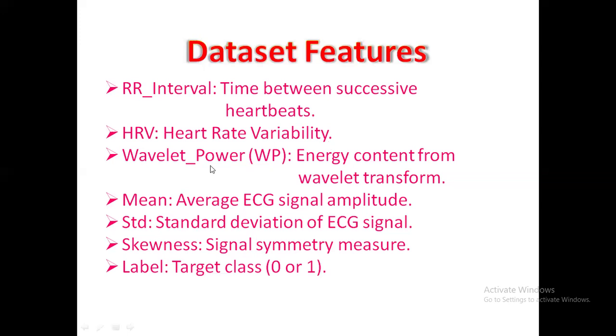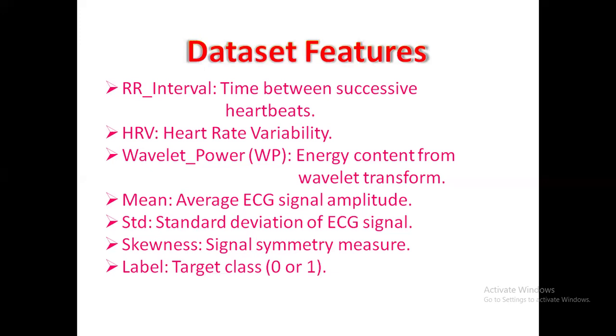And the third feature is wavelet power, WP, energy content from wavelet transform. Wavelet power is a feature derived from applying a wavelet transform to ECG signals. Unlike traditional Fourier transforms, wavelets capture both frequency and time information. This is the main advantage of wavelet transforms, making them ideal for analyzing non-stationary signals like ECGs.